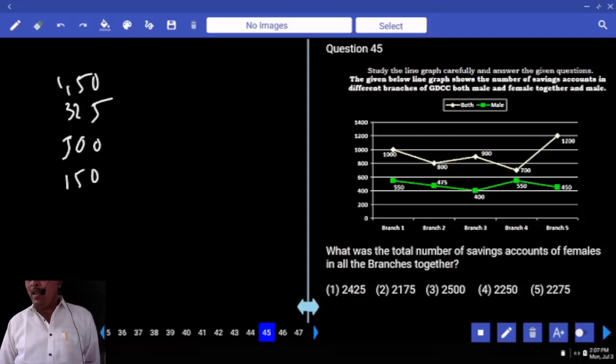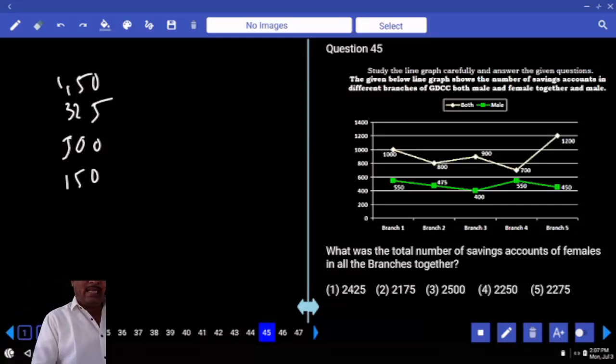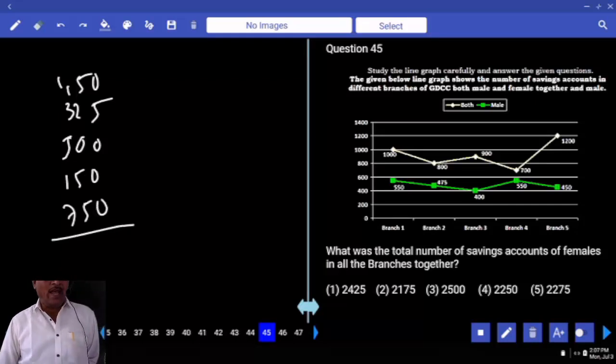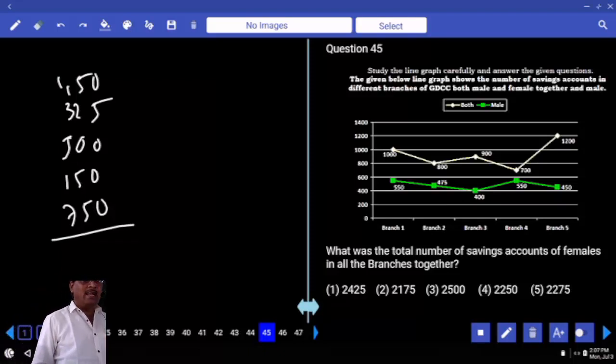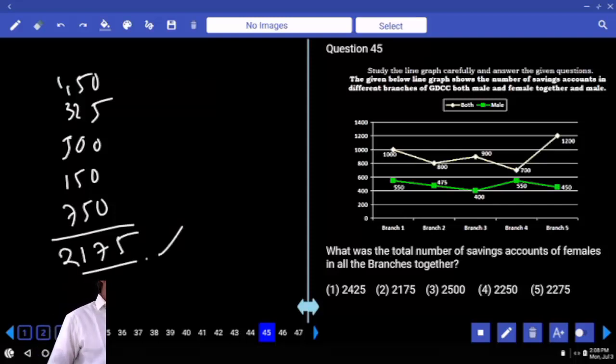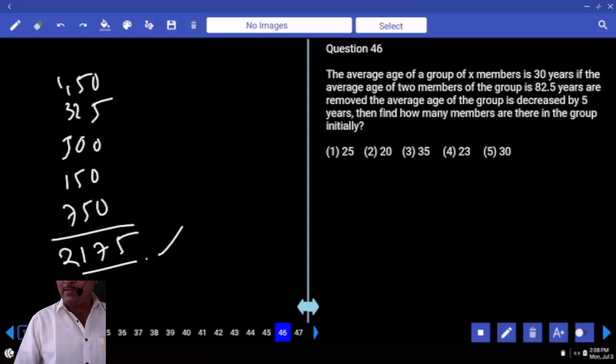And then 1200 minus 450, 750. Try to add all these values. 750 plus 150, 900. 900 plus 500, 1400. 1400 plus 300, 1700. 1700 plus 400, 2100. 2100 plus 75, 2175. Right?